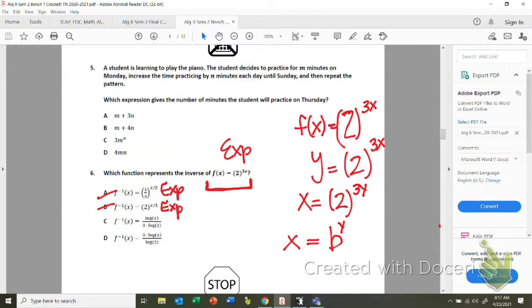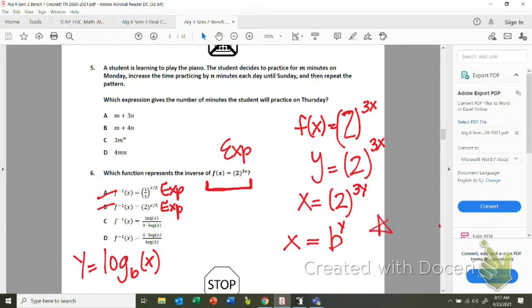All right. Now, when we change that, it goes to y equals log base, what? B of x. So now all we have to do is change the form, okay?